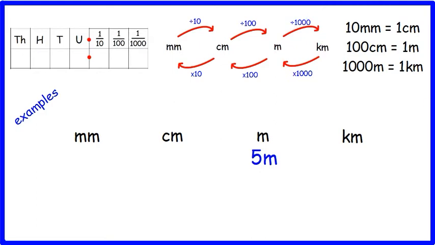If I had my 5 here, and I divide by 1,000, 1, 2, 3, that would be 0.005 kilometers. Now, it's highly unlikely you get asked that. This would normally be 500 meters or something.